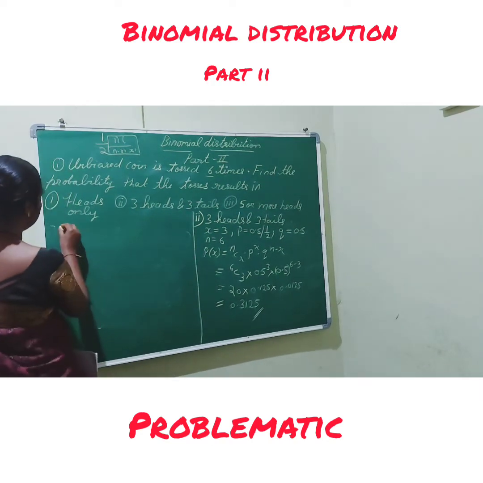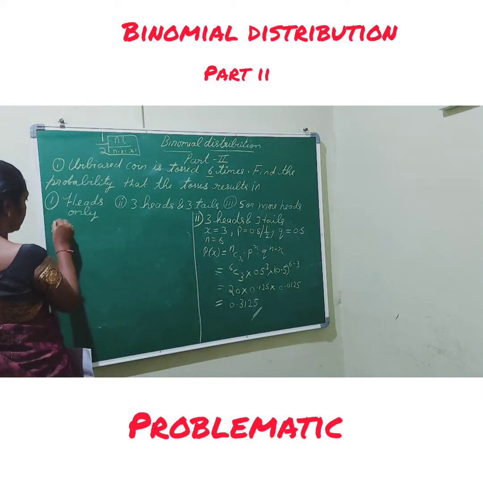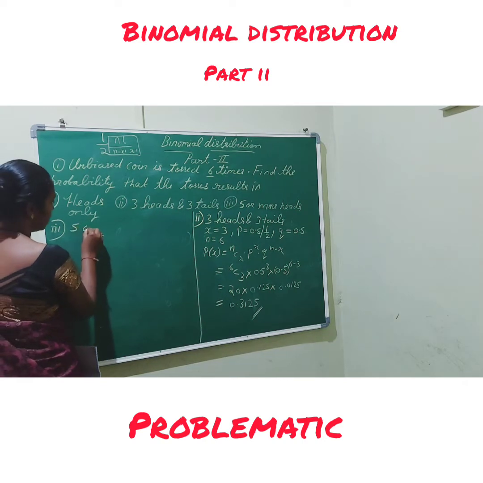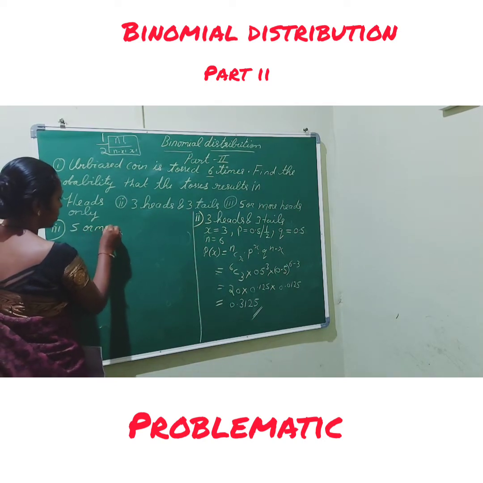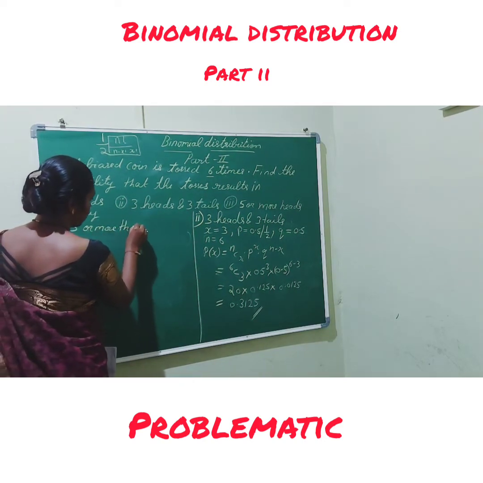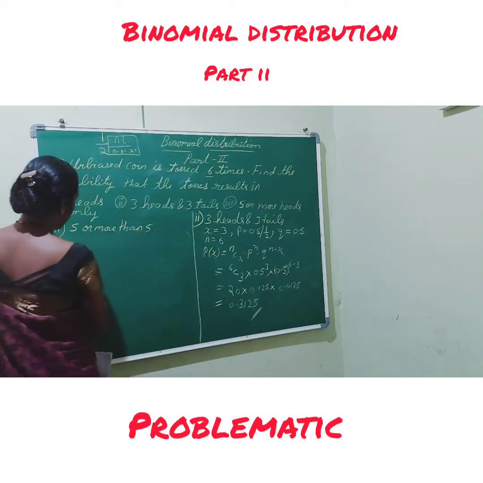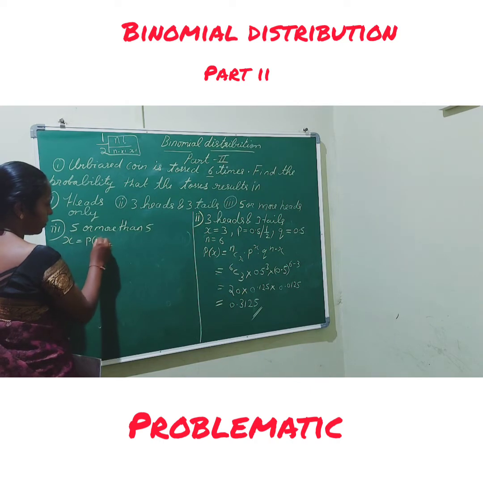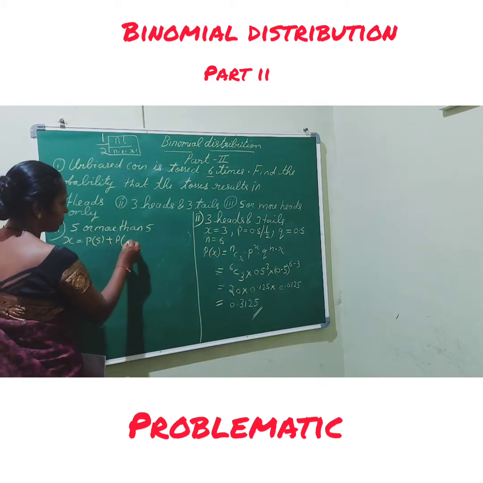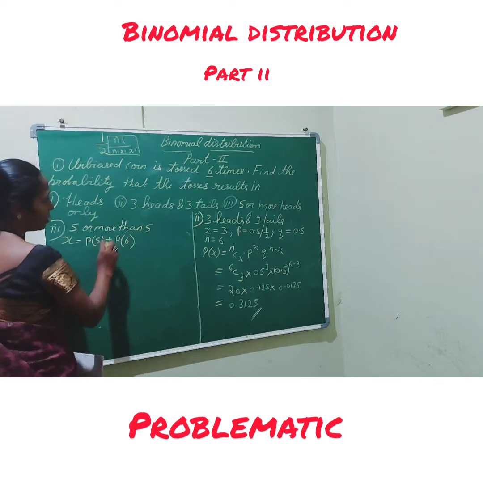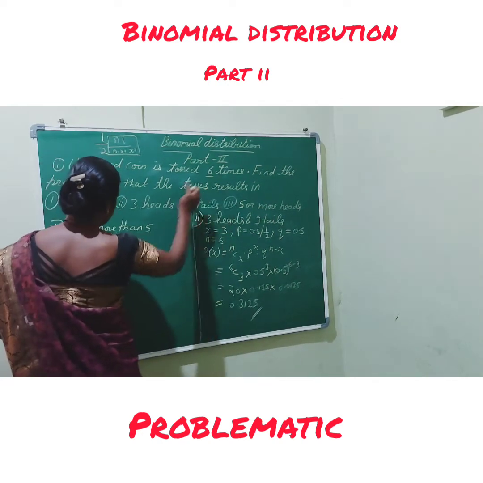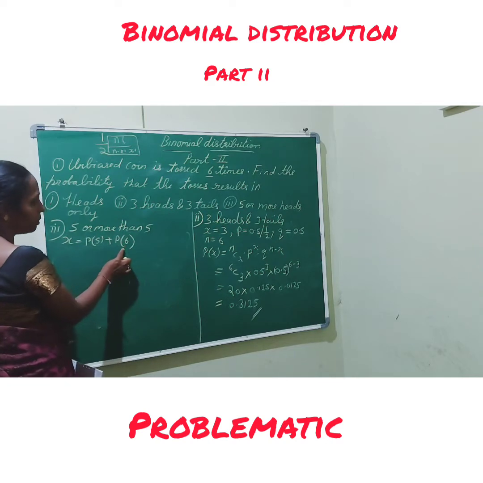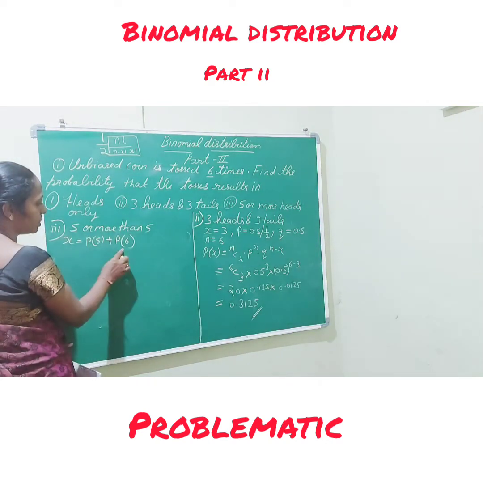So for the third one, what will be my x value? x is equal to probability of 5 plus probability of 6. Up to 6 we can take. Why? Because only 6 events are there. So more than 5, only one number is remaining, that is 6. So up to 6 we have to solve.